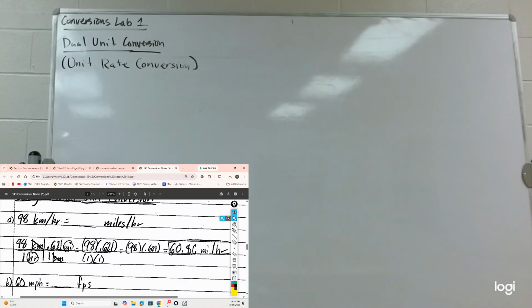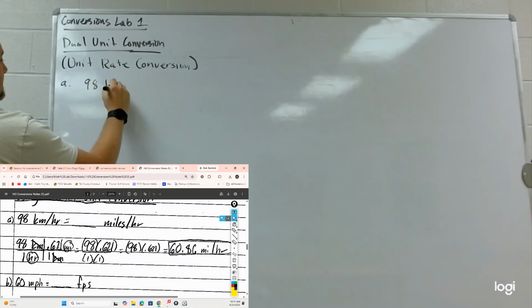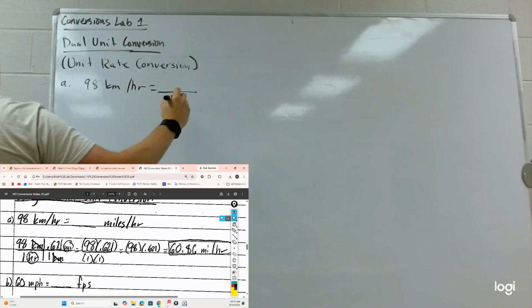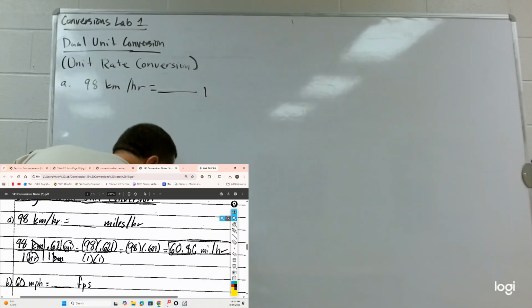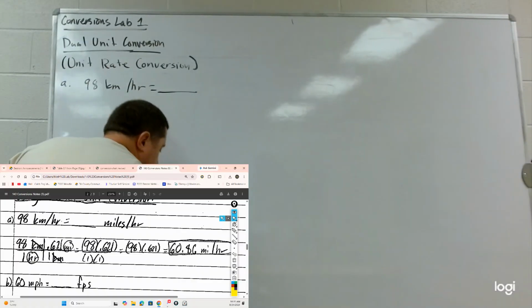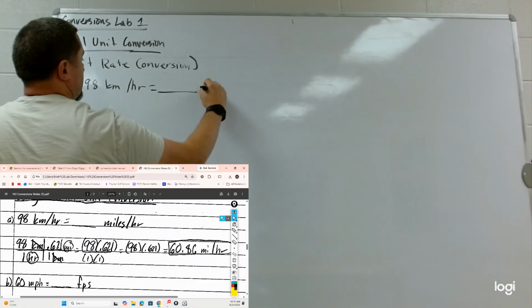Okay, so here's the first example that we're going to look at. Let's say A here is 98 kilometers per hour, and we want to turn that into miles per hour.